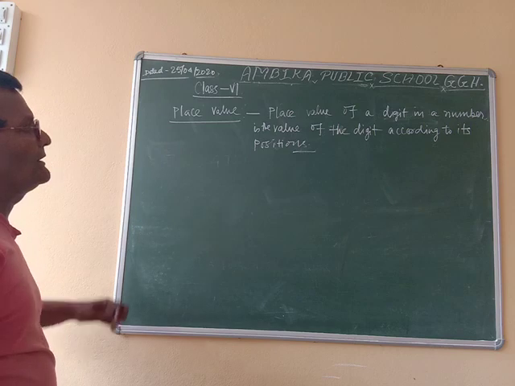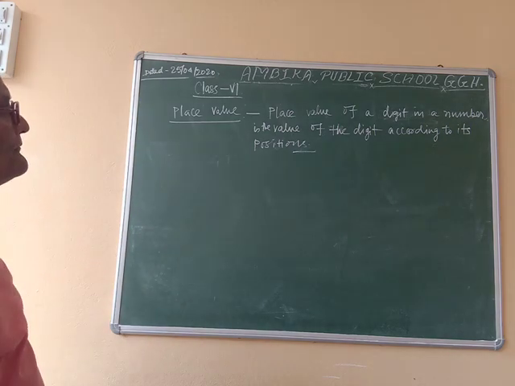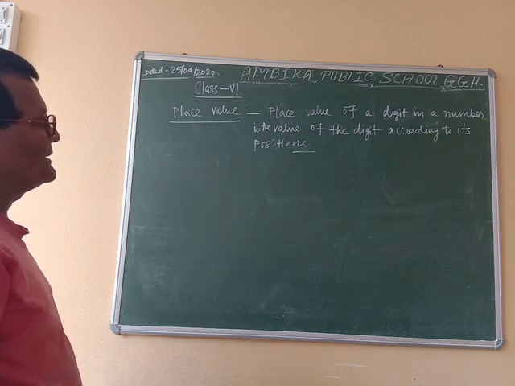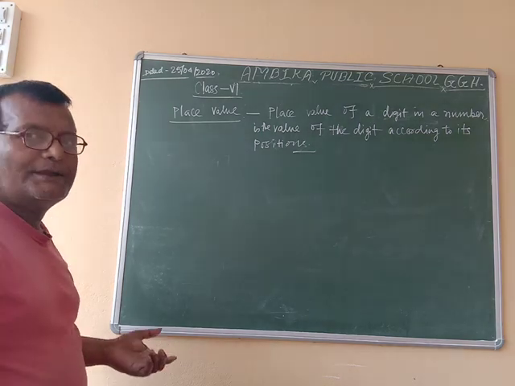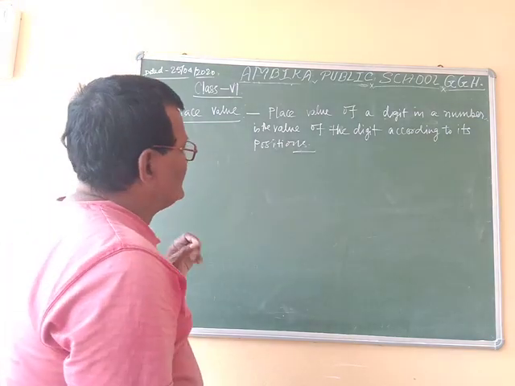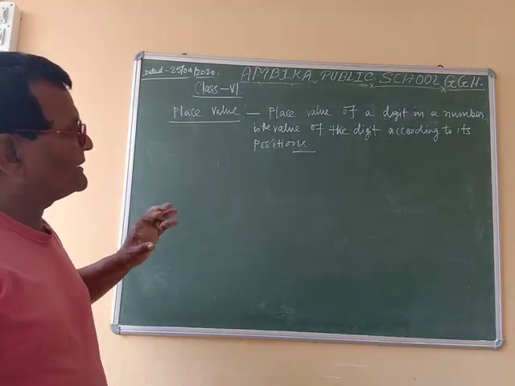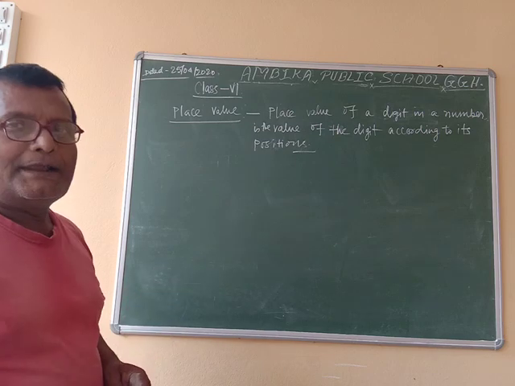किसी भी संख्या में अंक का स्थानीय मान उसके स्थान के अनुसार होता है. यदि किसी भी अंक का स्थानीय मान उस संख्या के उस अंक की पोजीशन पर निर्भर करता है.